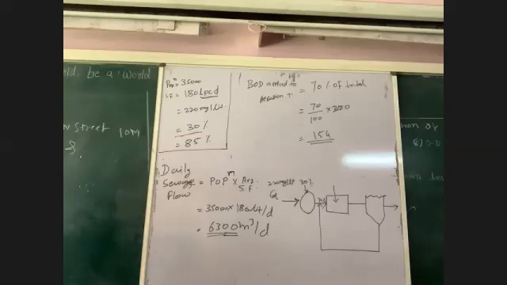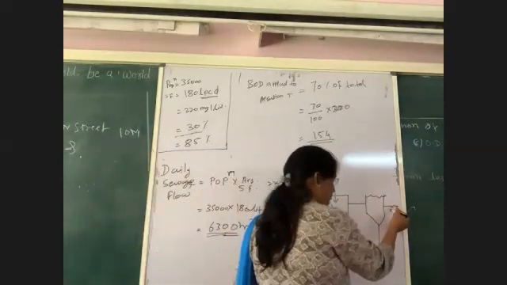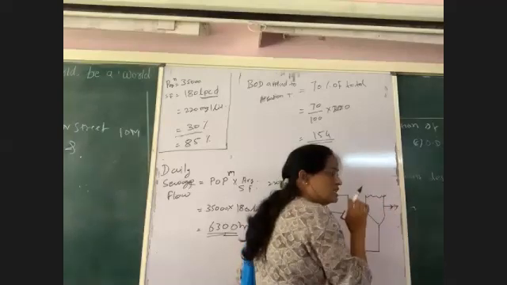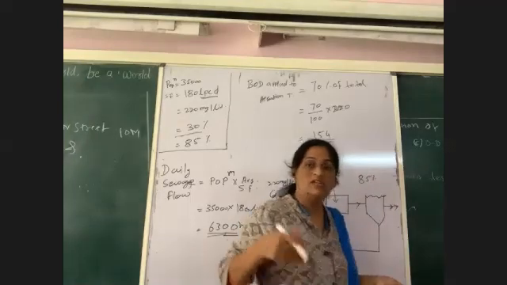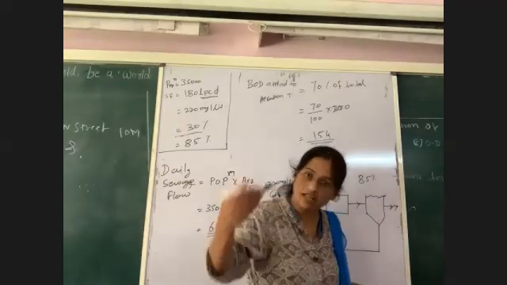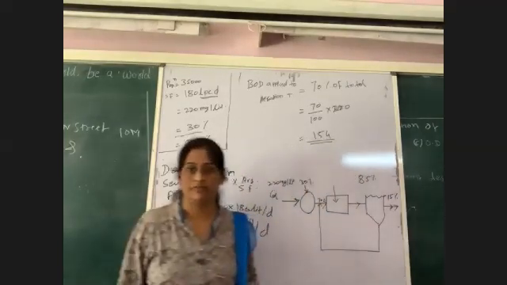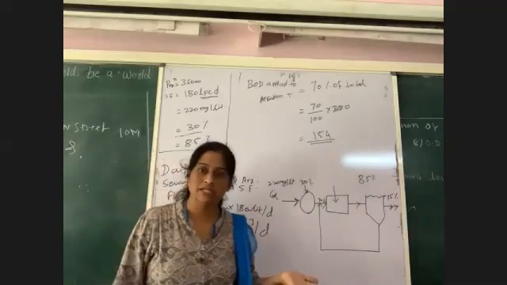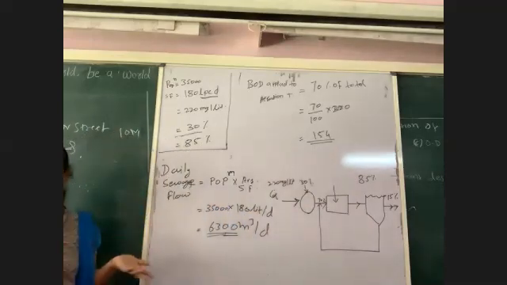Now another sentence is given in the problem. Overall BOD reduction desired is equal to 85%. How much should be removed after this aeration tank, whatever the stage, the efficiency will be the same. It should be removed 85%, meaning it is allowed to remain 15% in the effluent.